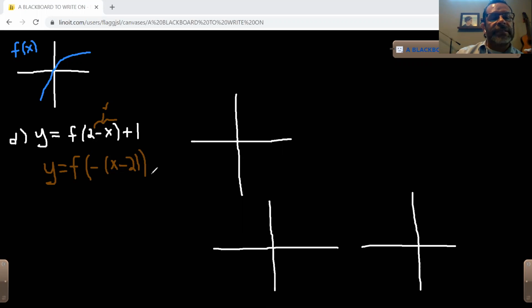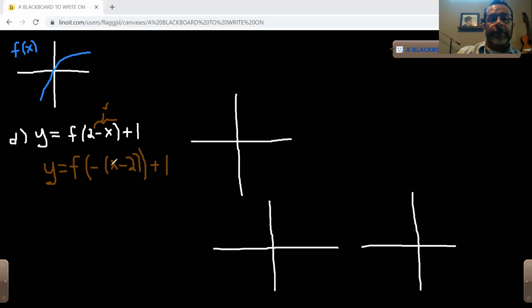All of this is still inside the function. I'm just exaggerating the parentheses there. Plus 1. Okay. So again, why am I doing this? I'm doing this because I'm trying to represent the minus outside the function, so we have the reflection and the shifts correctly.